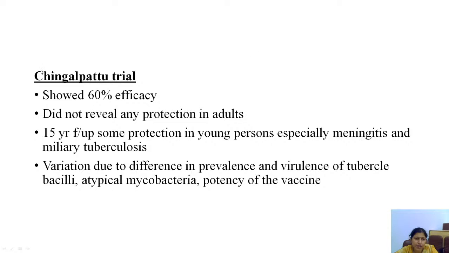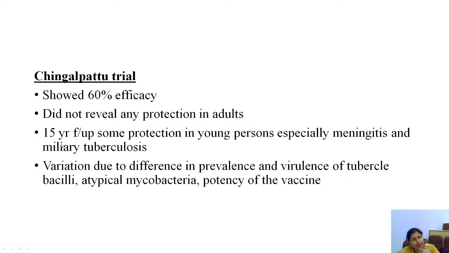In the Chengalpattu trial, these are the conclusions which were gained. It showed around 60% efficacy. It didn't reveal any protection in adults. A 15-year follow-up showed some protection in young persons, especially against meningitis and miliary tuberculosis.